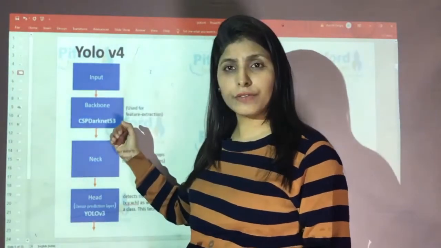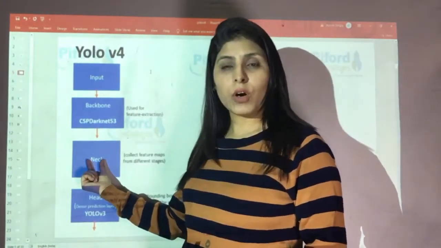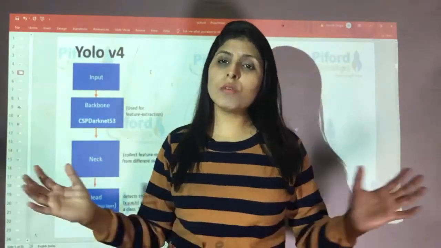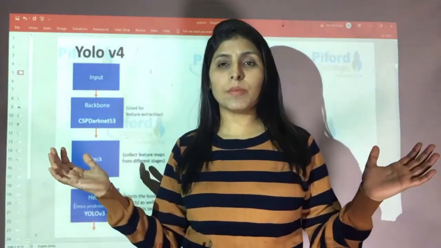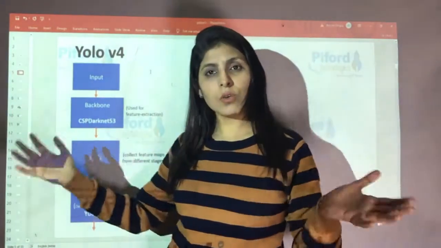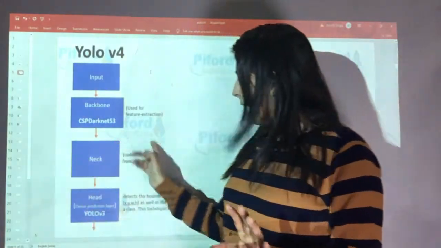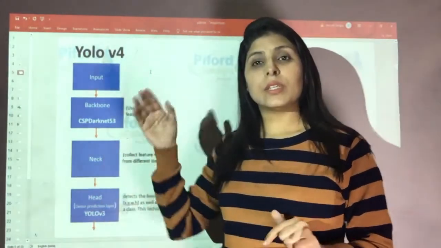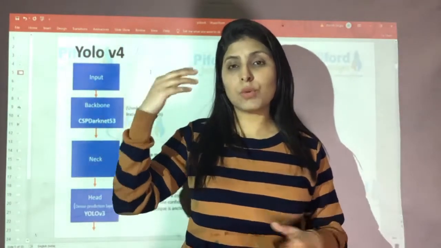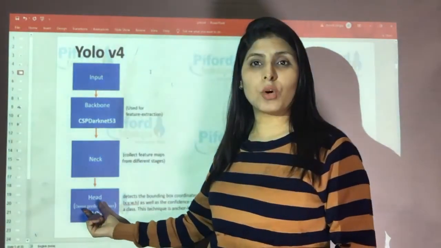Once you get all the features extracted, the next block is the neck block, and the task of this block is to collect the feature maps from different stages. That's it. Then we have the head. The task which we performed in YOLO version 3, the whole task we are performing over here.